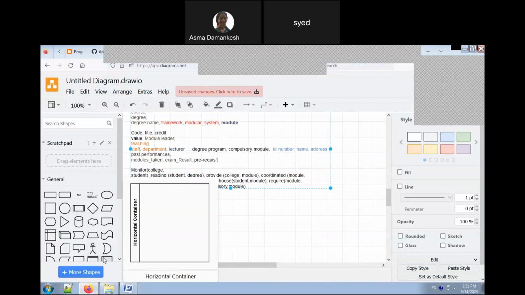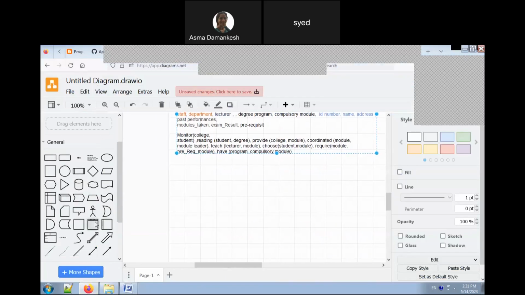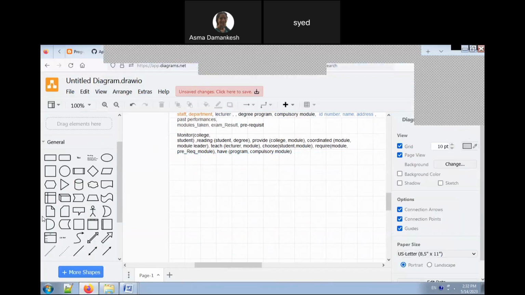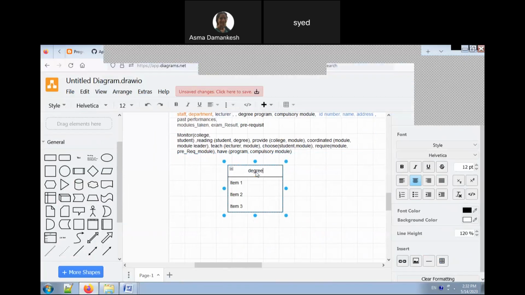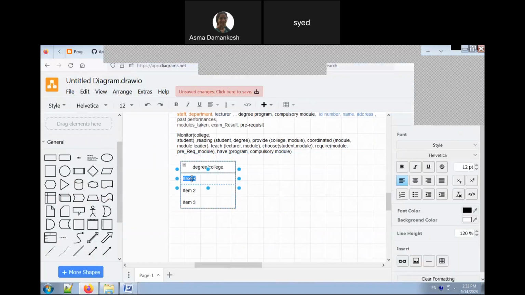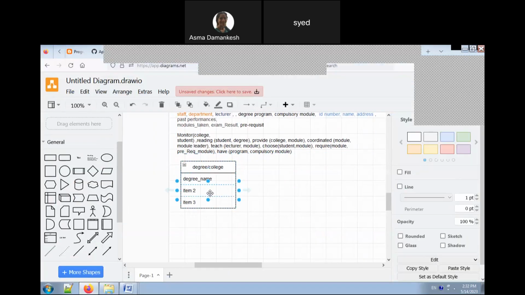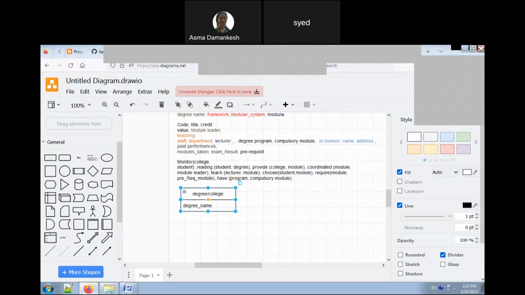I'm gonna keep it simple. So I say degree or college, whichever you wanna call it. What does this have? It has degree name, no? You remember MBA, BBA, whatever, yeah? So that's all it has. Miss, I have one question.